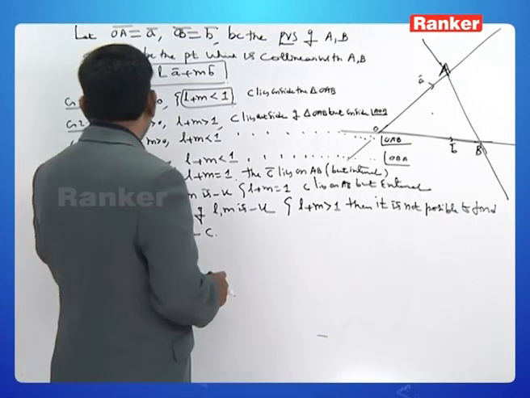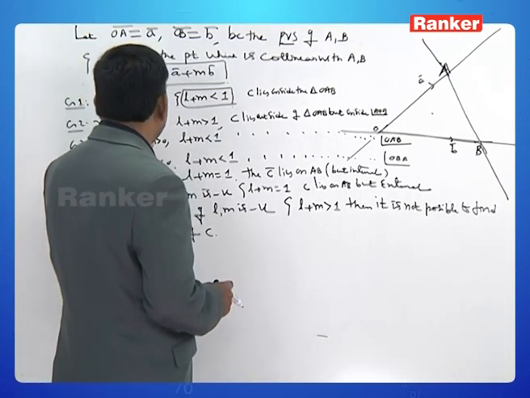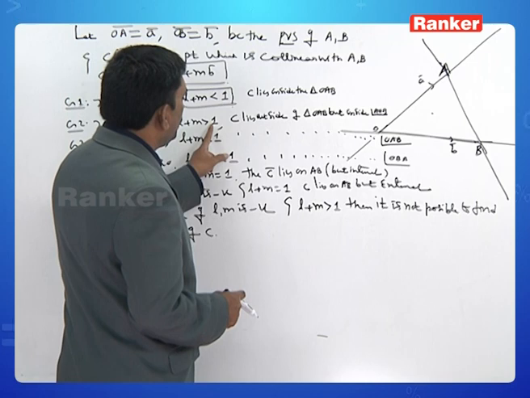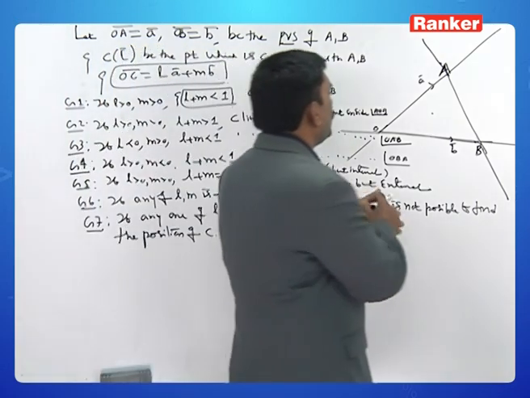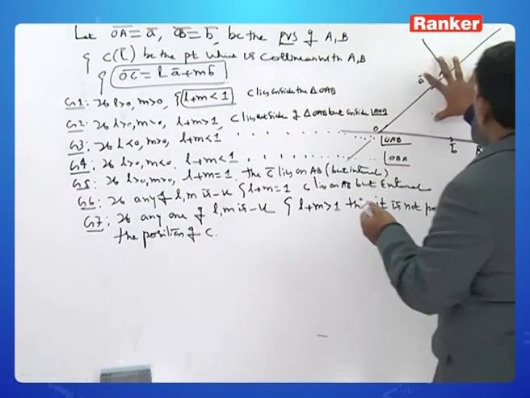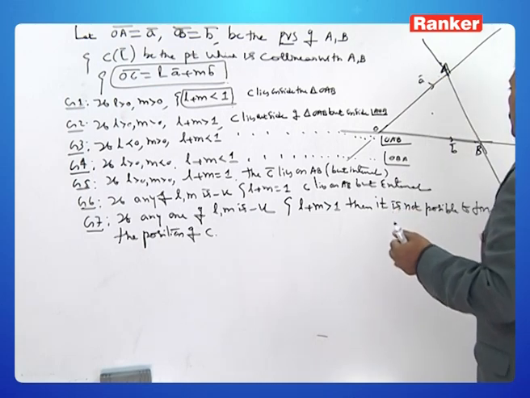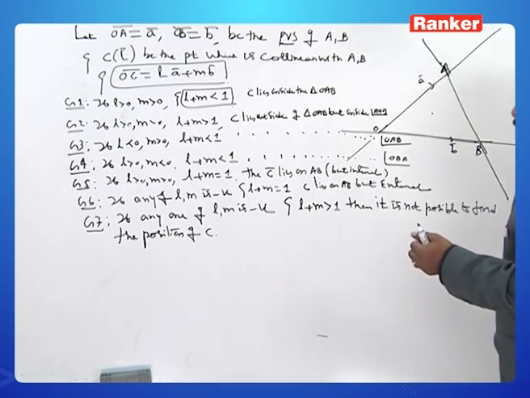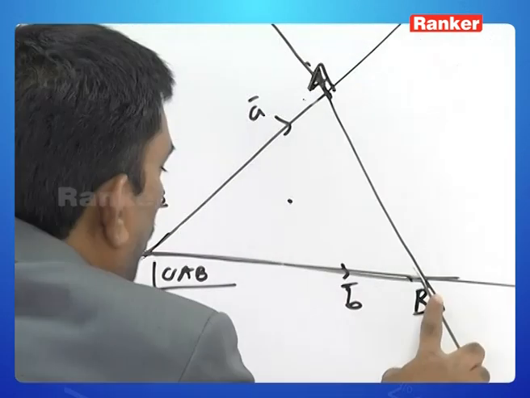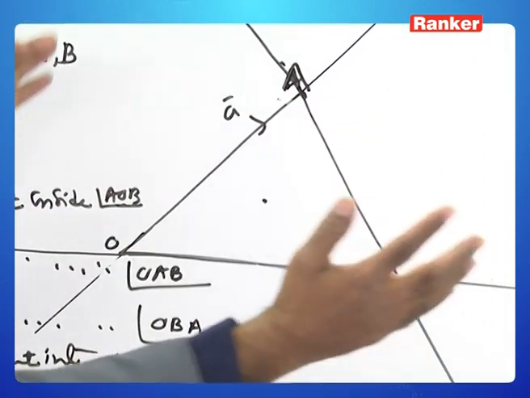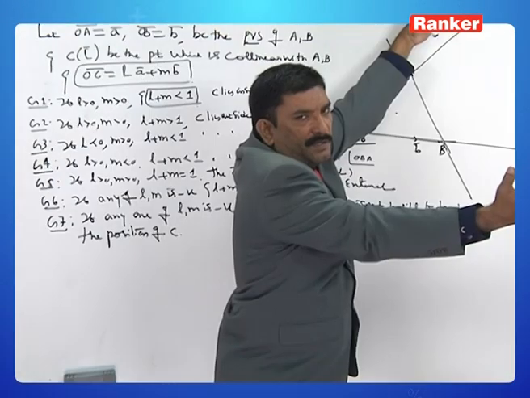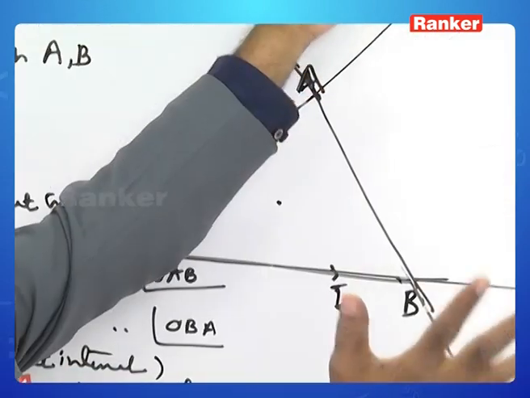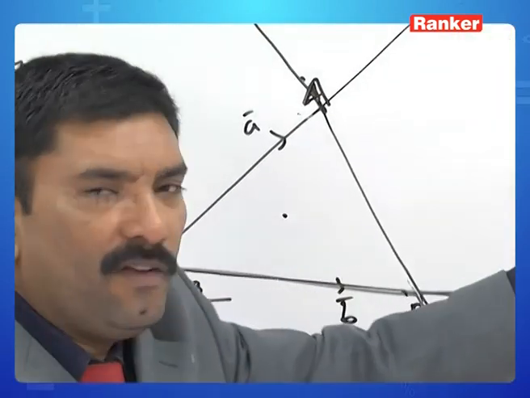So if case 2, L greater than 0, M greater than 0, L plus M greater than 1, C lies outside of the triangle OAB, but inside the angle AOB, like this. Followed? In this angle, the C will be there.